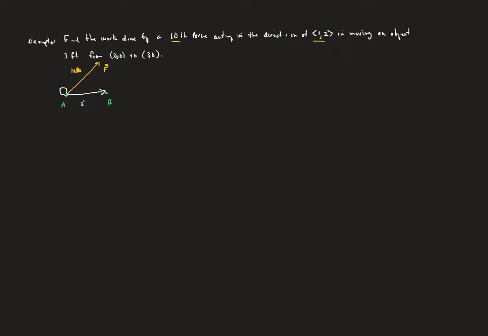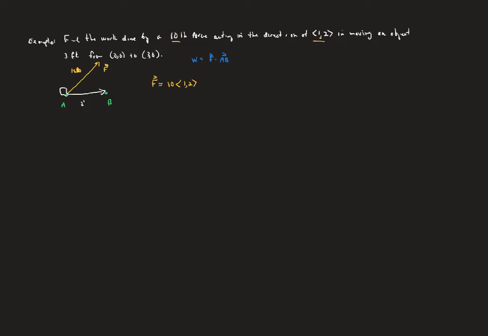So we have to figure out how to write these vectors, but then the work is going to be the force vector dotted with the direction vector. Our force vector has a magnitude of 10 times the direction 1, 2, but we have to be careful because that is not a vector of length 1.